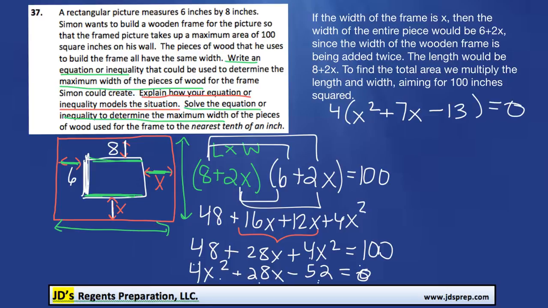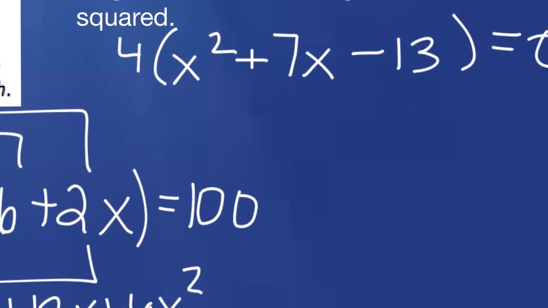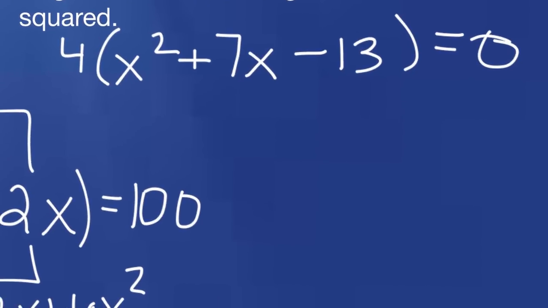Now to factor this, I'm going to zoom in here. You probably would eventually figure it out on your own, but just to save time in this video, this trinomial is not actually factorable unless we use the quadratic equation. So let's go ahead and do that.